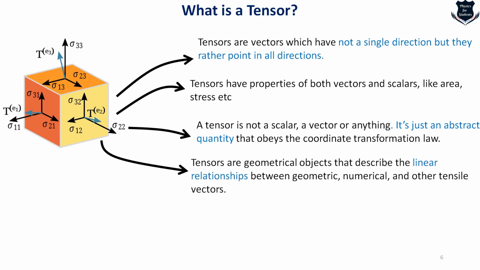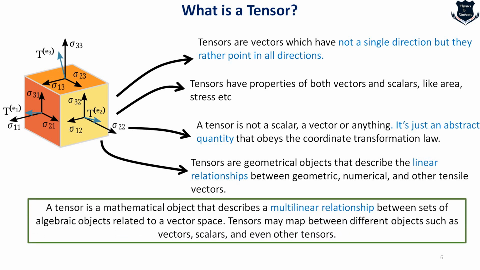They are geometrical objects that describe the linear relationship between geometrical, numerical and other tensor-type vectors. From here what we can deduce is that a tensor is a mathematical object. Remember, it is just a mathematical object which describes a kind of multilinear relationship between sets of algebraic objects related to a vector space.